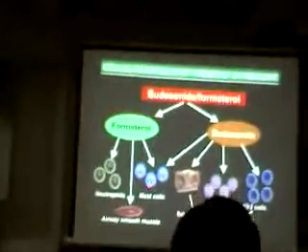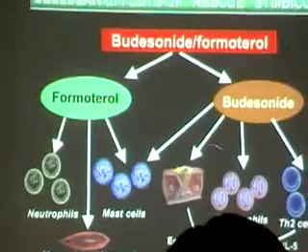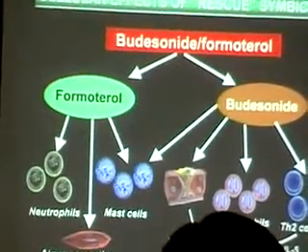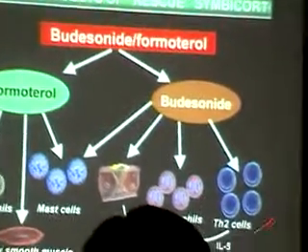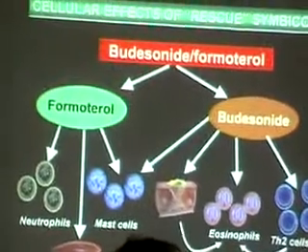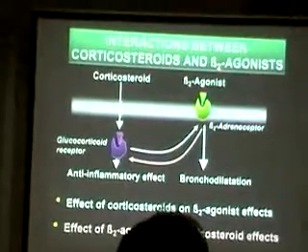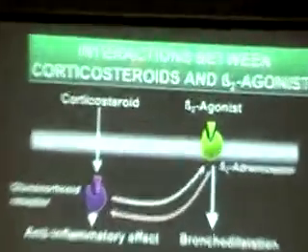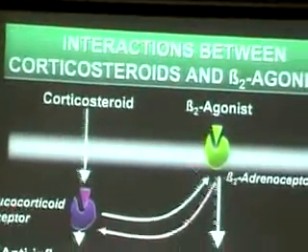It bronchodilates and it inhibits the mast cells. When you give budesonide or any steroid for that matter, it does the same thing: inhibits the mast cells, inhibits the epithelial cytokine that recruits more eosinophils, and inhibits the Th2 cells.